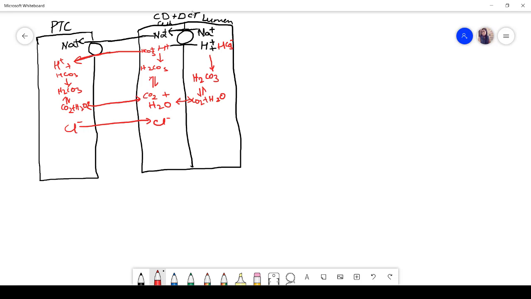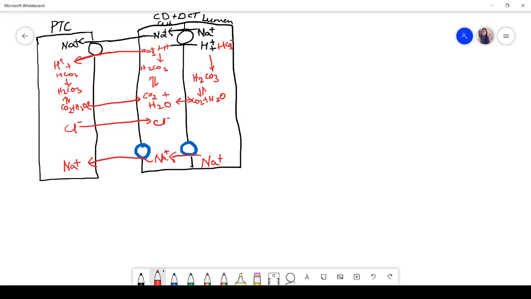So this is the whole process, and here chloride will go into the cell of the distal convoluted tubule and collecting duct. You will have another sodium pathway, but here we have another mechanism, which is aldosterone. You will have an aldosterone port here. Sodium in the distal convoluted tubule and collecting duct will go into the cell of the CD and DCT, and from there into the peritubular capillaries.